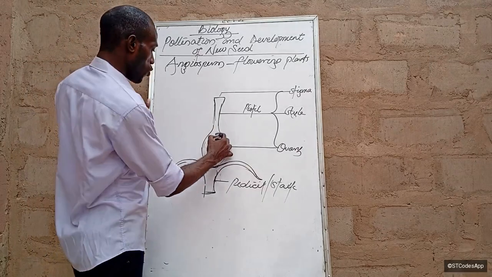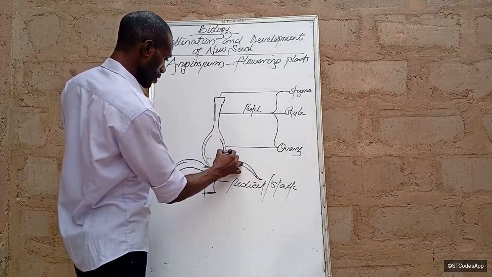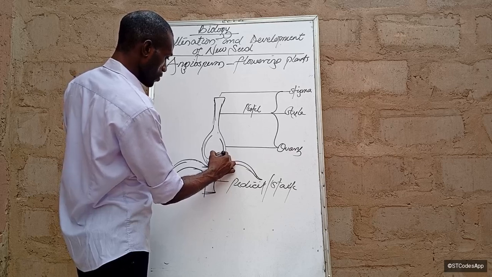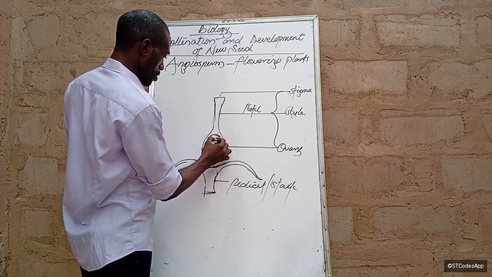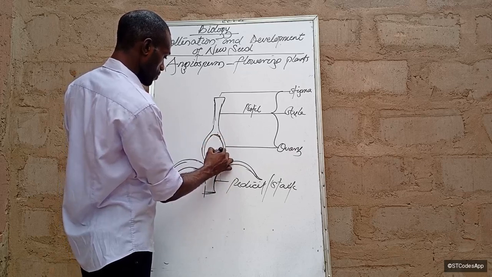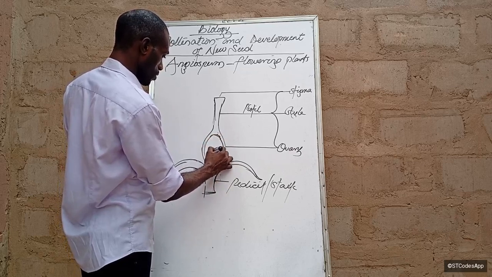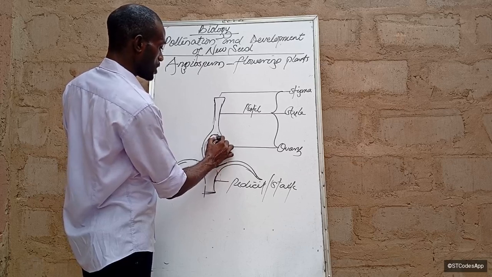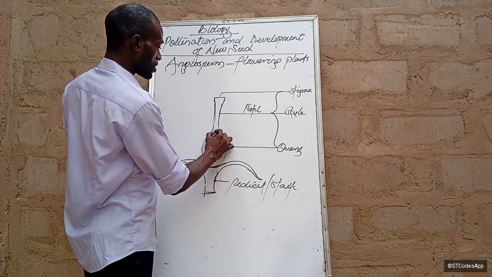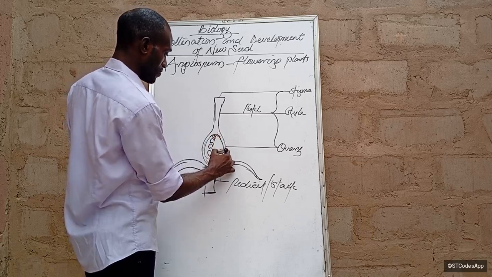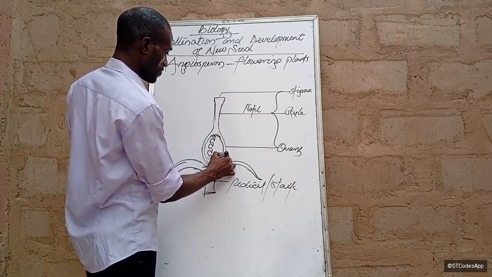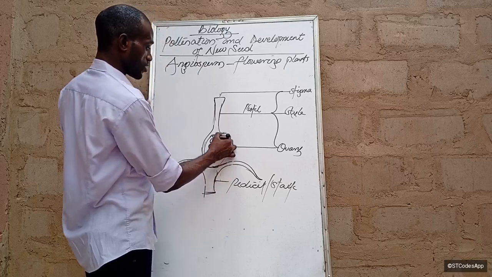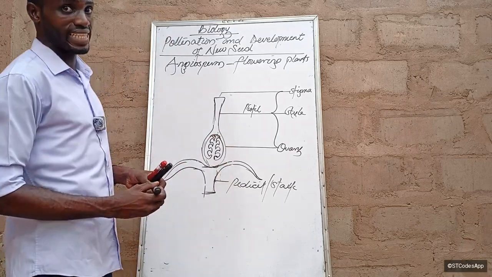The ovary produces ovules, and those ovules contain the egg cell. They contain the egg of the flower. Since it's the female part of the flower, it's going to contain the eggs, isn't it?